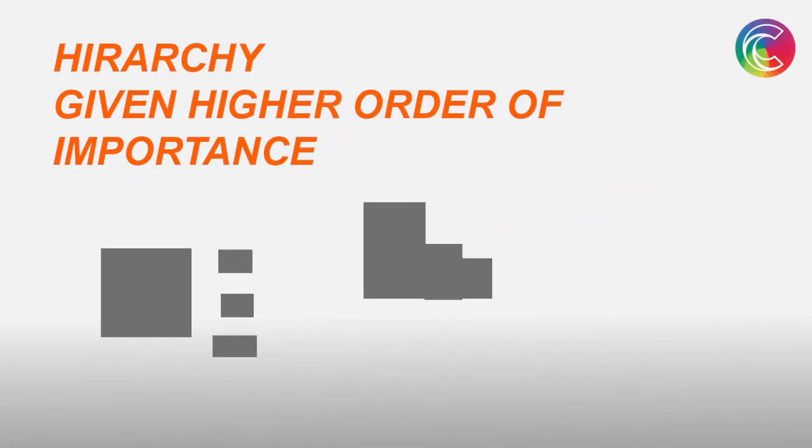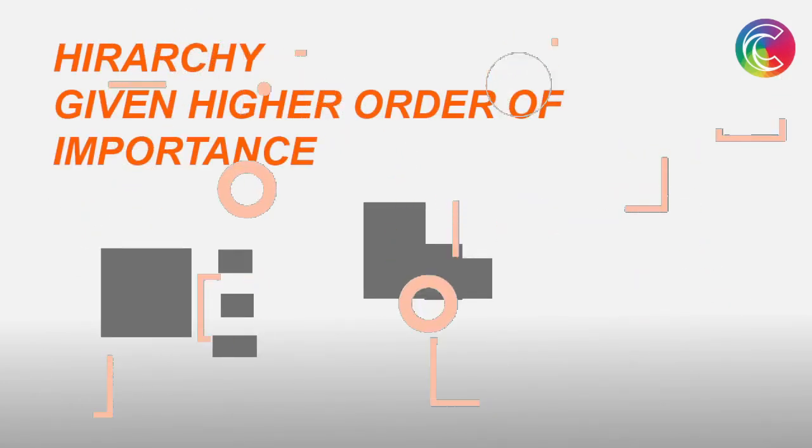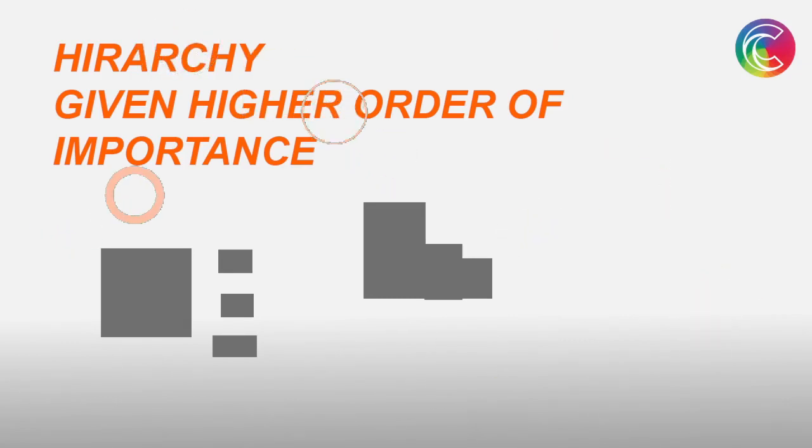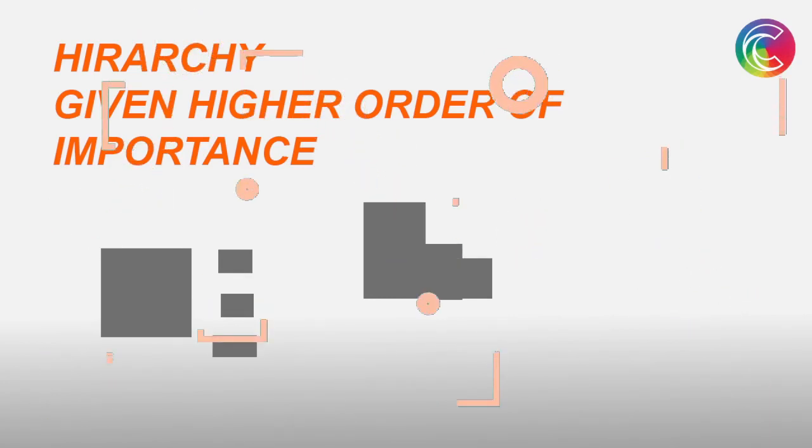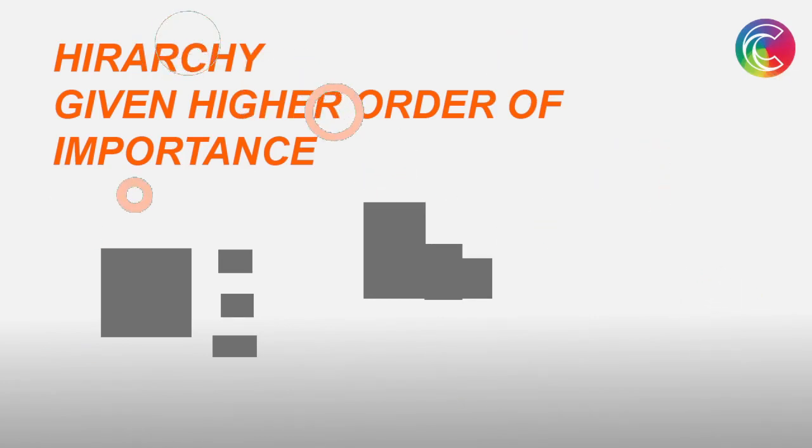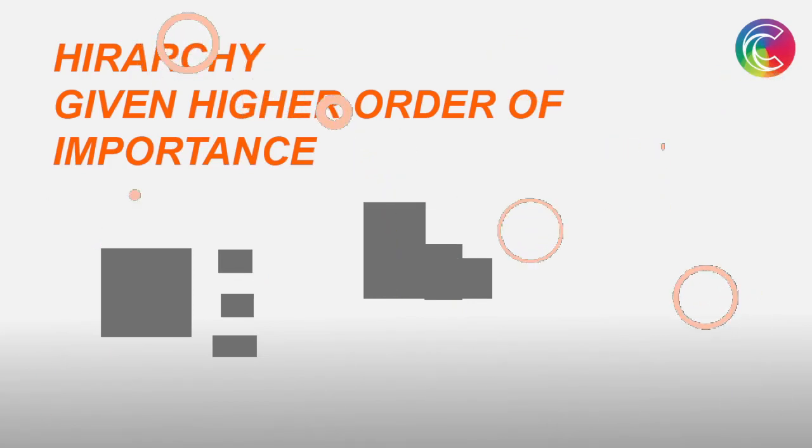Then you have hierarchy. By hierarchy I mean giving importance to something. We discussed hierarchy in principles of design as well. It's like giving higher importance by making something larger. That can be a larger plane or a larger volume, right? So all different blocks are small and one block is larger. You will understand, oh, this is the important block, a very important block.